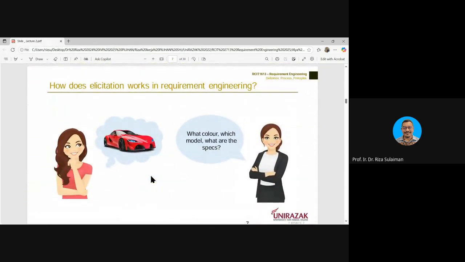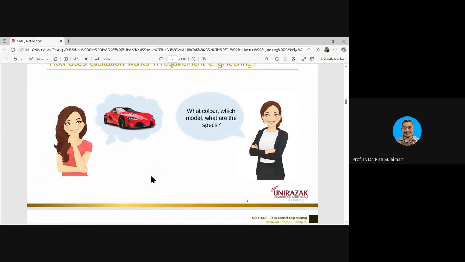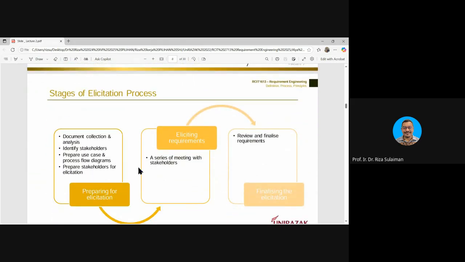Now look at this. How does elicitation work in requirement engineering? For example, we have a car that we want to buy. Questions arise like what color, which model, and what specifications the car should have, so that we can decide which one is the best. That is the stage of elicitation.